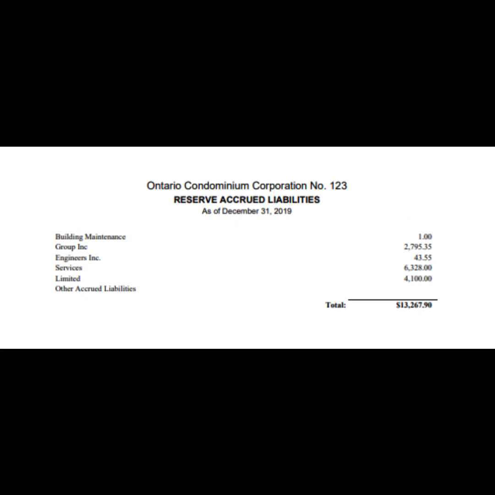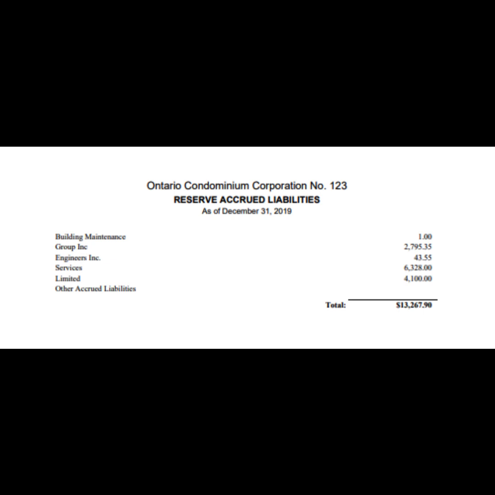On page 11 is the reserved accrued liabilities as of December 31st, 2019. Similar to the accrued liabilities, reserve accrued liabilities are expenses incurred by the corporation to be paid from the reserve fund but has not yet received the invoices.